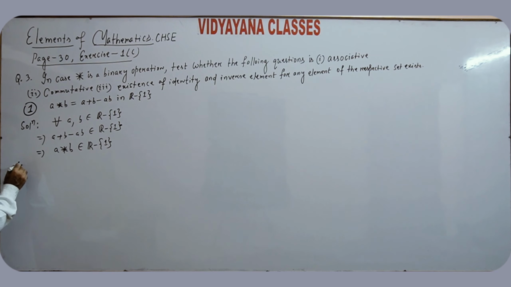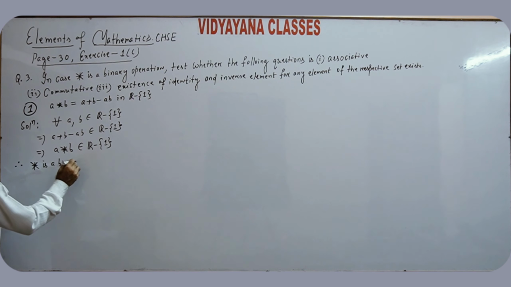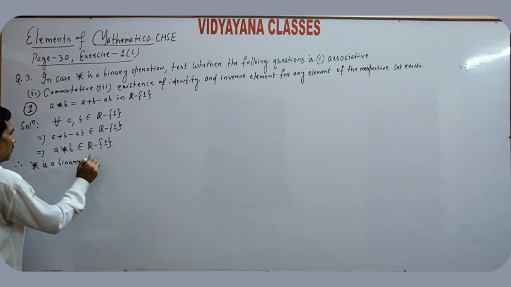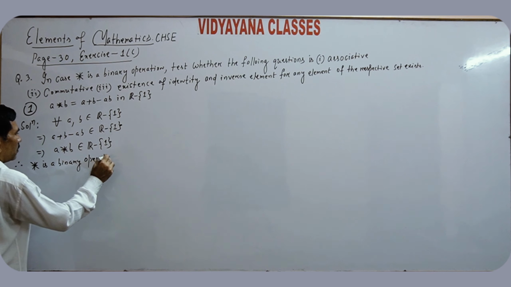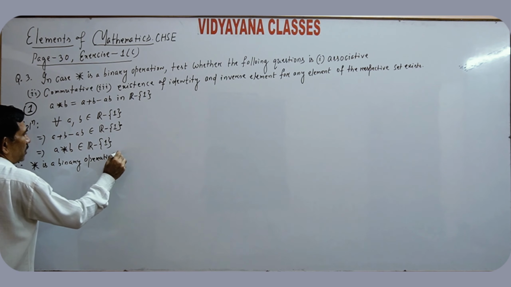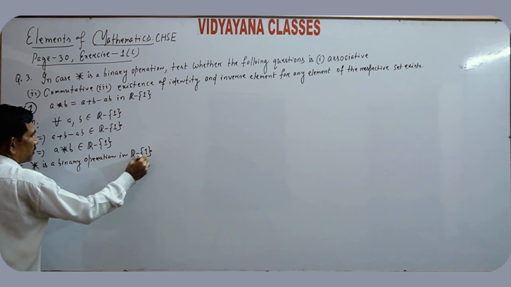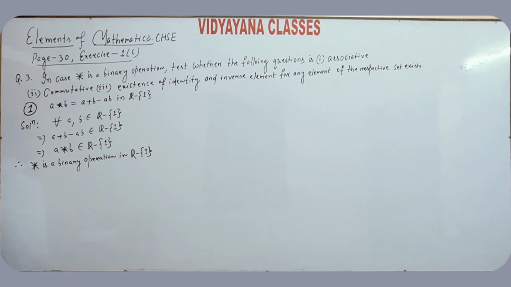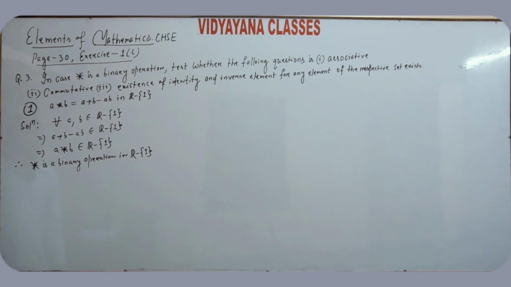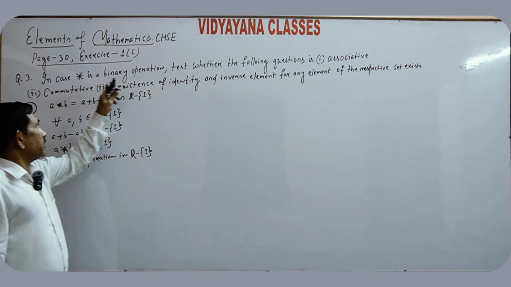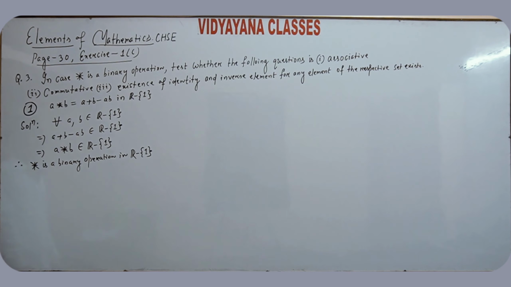Therefore, star is a binary operation in R minus set of 1, the set of real numbers without 1.